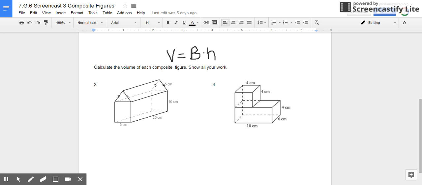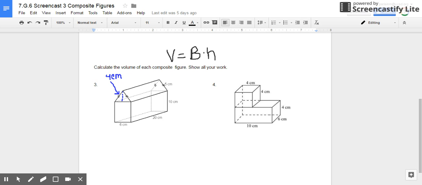Right now the height is not marked in your drawing, so let's make the height of the triangle 4 centimeters. So please write that too on your piece of paper. If we don't have the height of the triangle, we will not be able to find the volume of that prism. So again, volume is base times height.